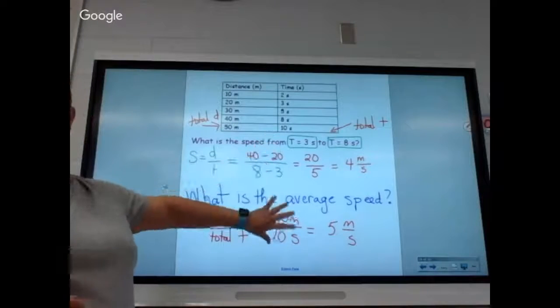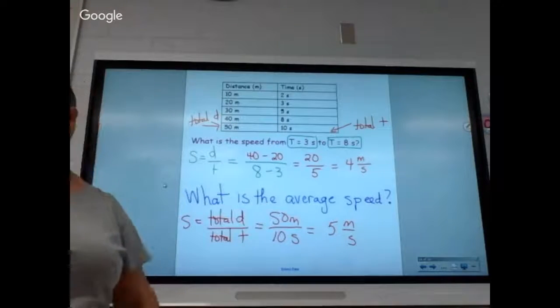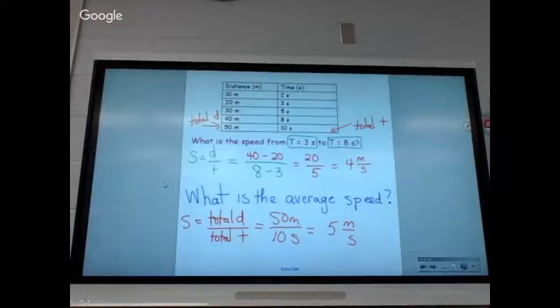Now, what if you looked at these two questions? Would this be constant speed or average speed? Why do you say average, Maria? You're not wrong. Now give me a reason. How do you know it's average speed? Because it's not the same.